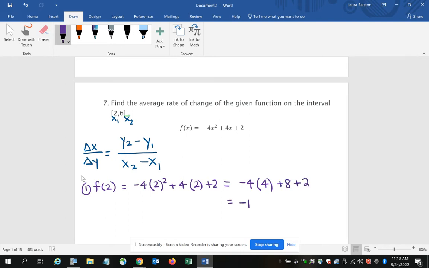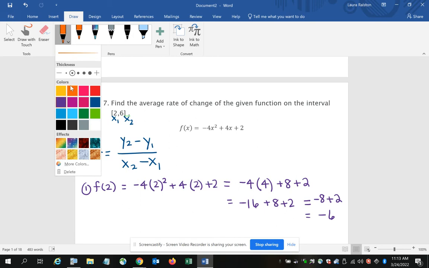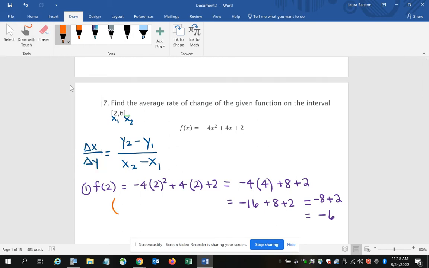That gives me -16 plus 8 plus 2, which ultimately gets me to -8 plus 2, which is -6. So that I'm able to find the first ordered pair, which is 2 comma -6. So this is your x1, y1.